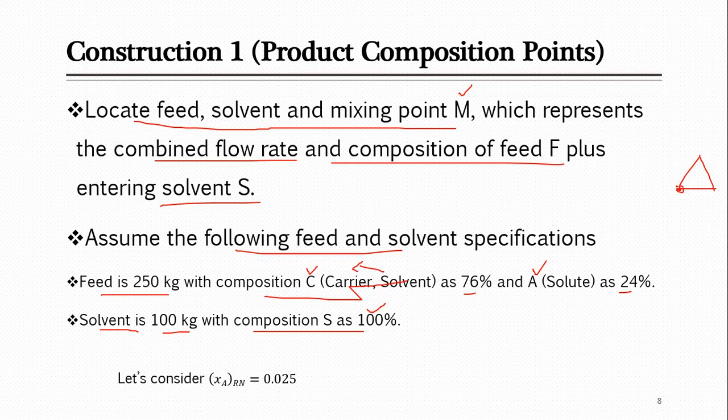But suppose you have something else present in it, what will that be? Either the solute or the carrier will be part of it, because this is a ternary system and you do not have 100% solvent. Suppose it is 99% and 1% is A, then you have to look where the solvent point is located. It will not be at the corner, it will be somewhere inside the diagram, or maybe on one of the edges.